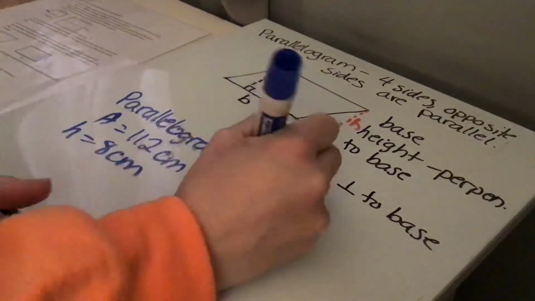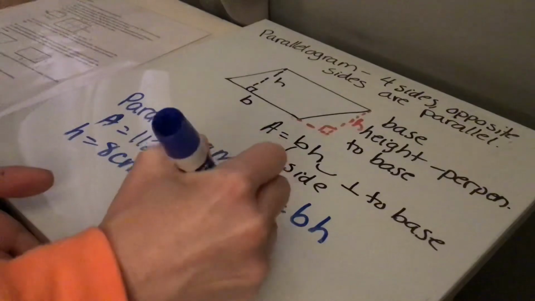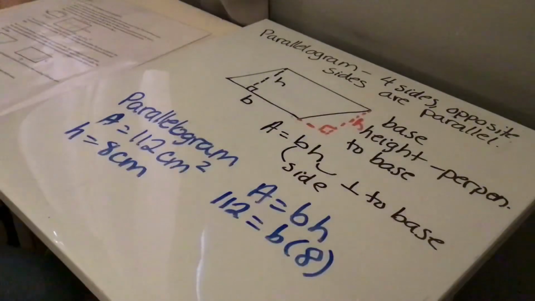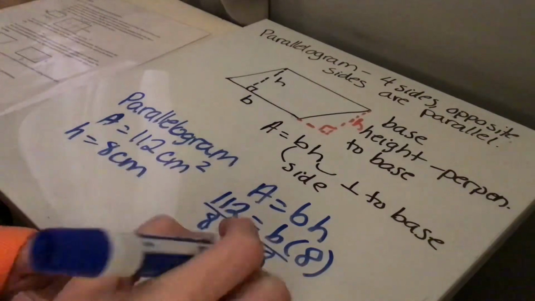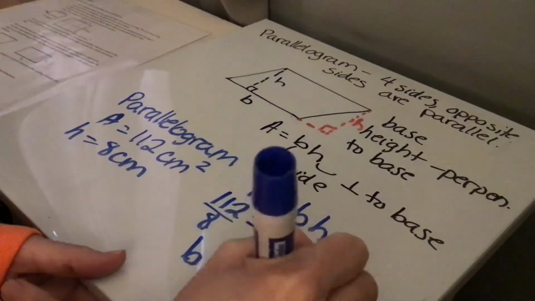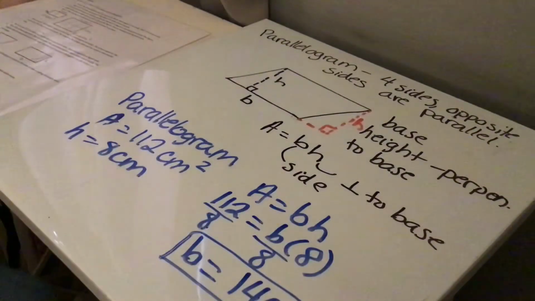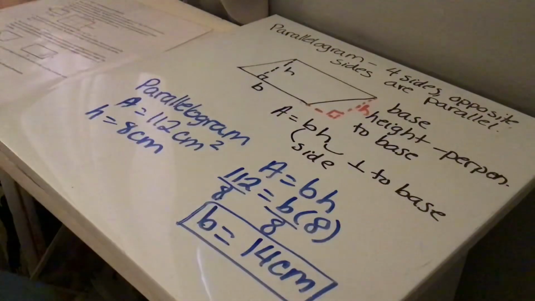Because the area of a parallelogram is the base times the height. So the area is 112, the base we don't know, and the height is 8. So to get b by itself, we divide by 8, and we get that the base of this parallelogram is going to be 14 centimeters. Because area has units on it, we want to make sure that we write units for everything, okay? So just using what you have to find something that's missing.